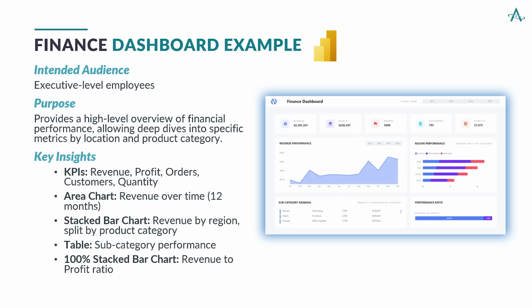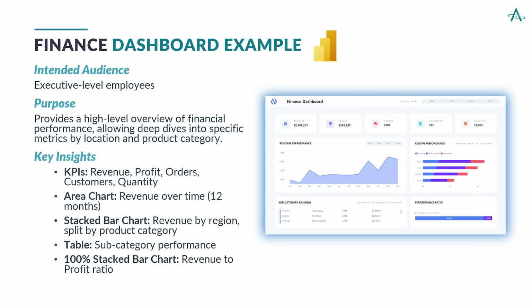The dashboard showcases critical KPIs such as revenue, profit, and order counts, offering a snapshot of financial performance. An area chart highlights revenue trends over the past year, helping to identify seasonal patterns. Additionally, a stacked bar chart breaks down revenue by region and product category, giving executives a clear picture of where the business is thriving or struggling.